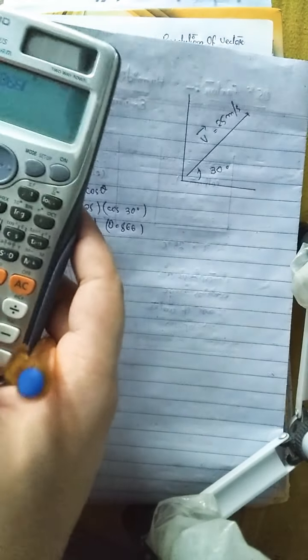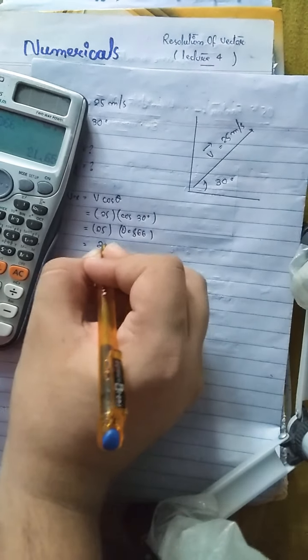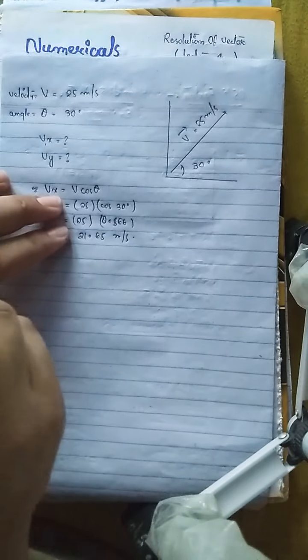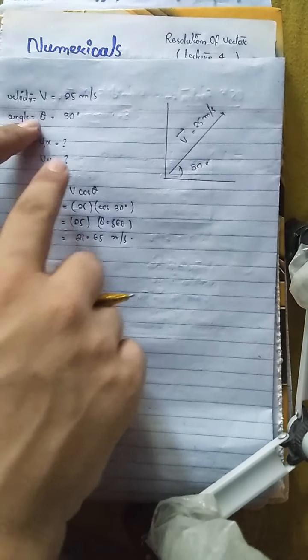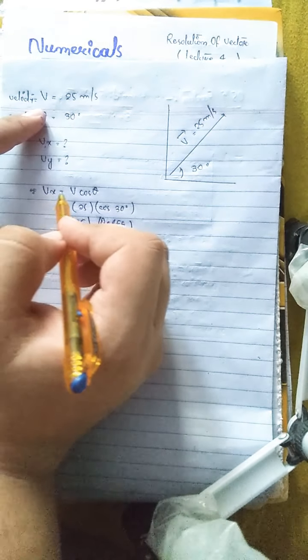So when we multiply 25 by 0.866, it comes out 21.65, and the unit will be meter per second. Since the vector v is a velocity, therefore vx will also be a velocity vector.